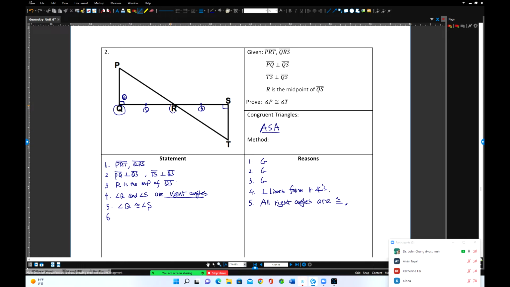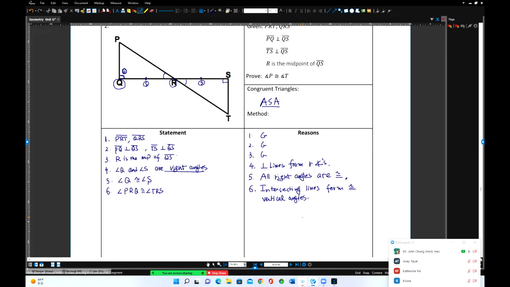This time we cannot say angle R, because we have two different ones. So angle PRQ congruent angle TRS. The reason: vertical angles are congruent. This time I'm going to say intersecting lines form congruent vertical angles, or just simply vertical angles congruent.